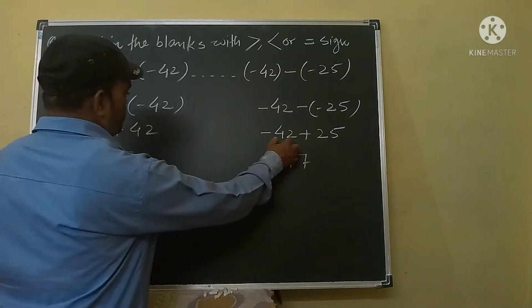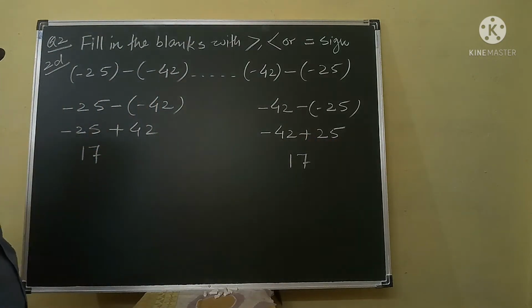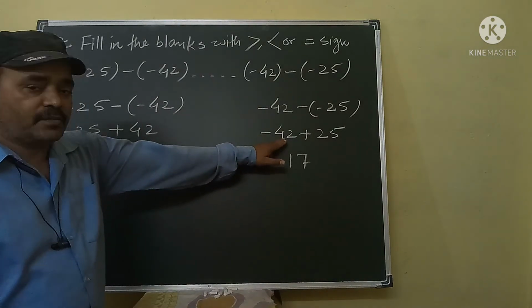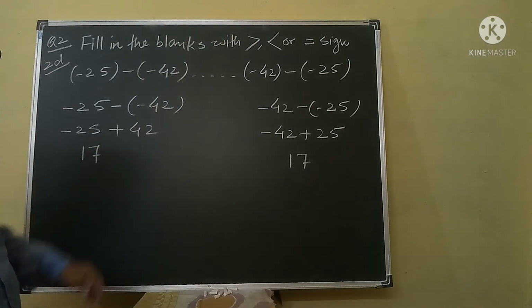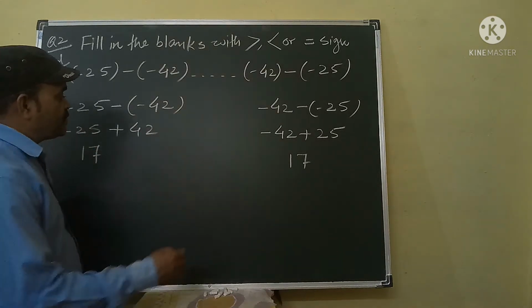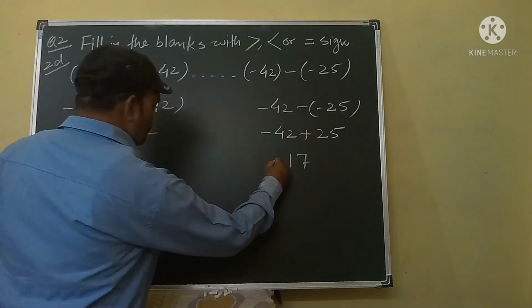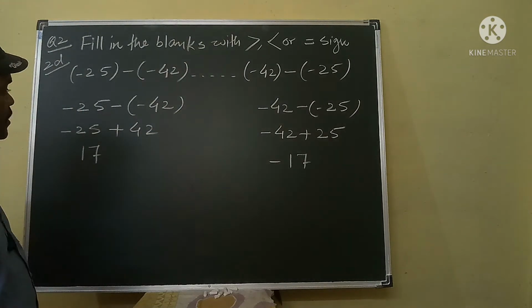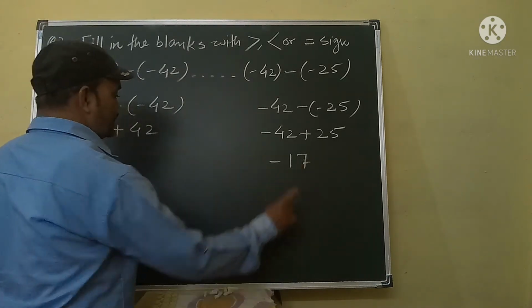But in 42 and 25, which is the bigger integer? The bigger integer is 42, but it is negative. So this will be minus 17. Minus 42 plus 25 gives minus 17.